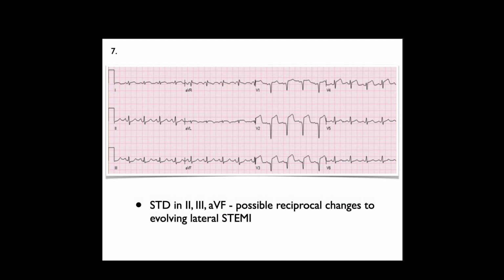How many times have we said this? If we've got a very dramatic STEMI on one side and then something that appears to be coming on the other, the fact that there's a STEMI here makes the evolving STEMI even more possible there, if that makes sense.